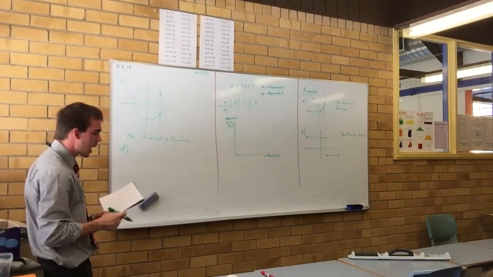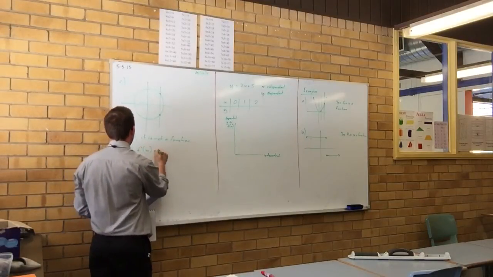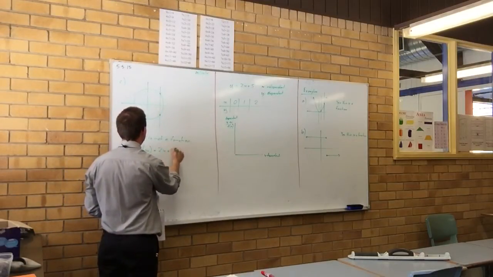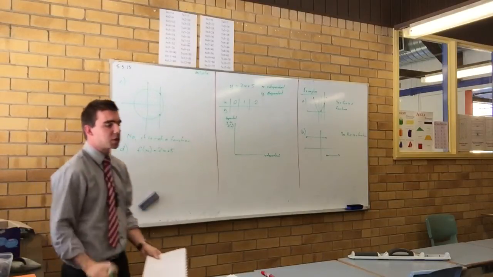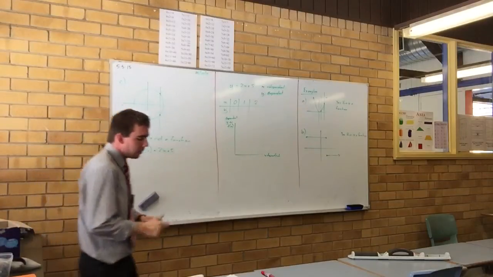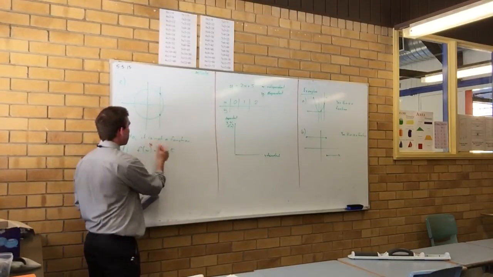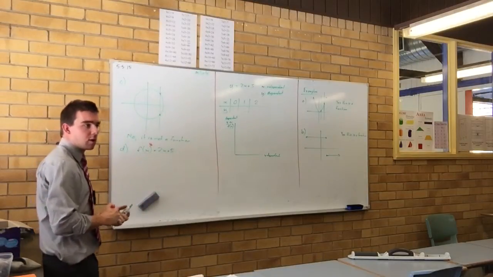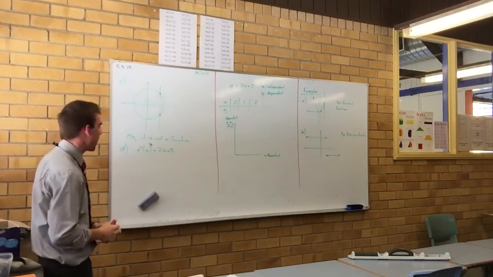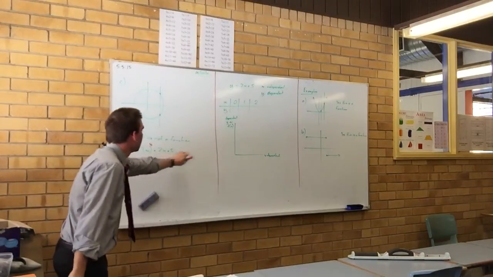Alright, so here's your equation. If f of x is equal to 2x plus 5. Now we're looking at function notation. Remember, you would have been used to this being y equals 2x plus 5. We are now changing the notation to become a function of x, and the function of x is 2x plus 5.